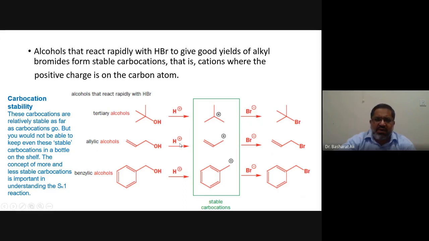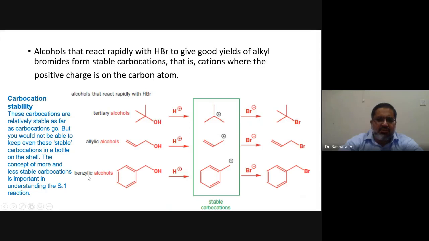In the case of allylic alcohol, H positive reacts with OH, converts into a water molecule and detaches from the allylic part and produces a carbocation. In the second step, the bromide ion attacks this molecule.